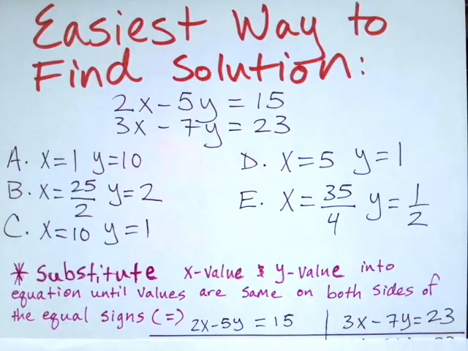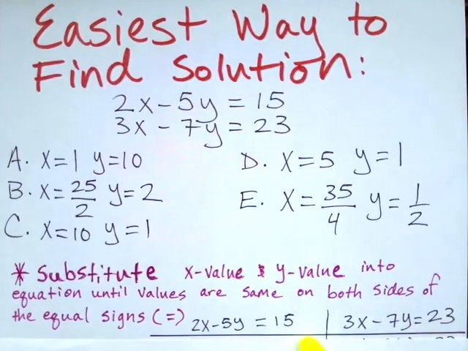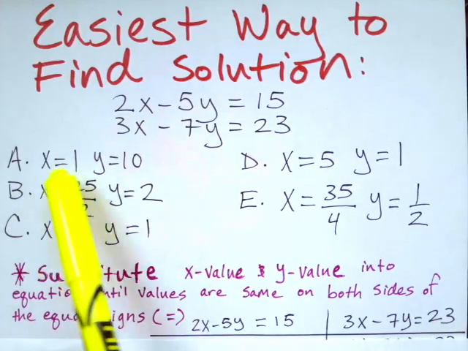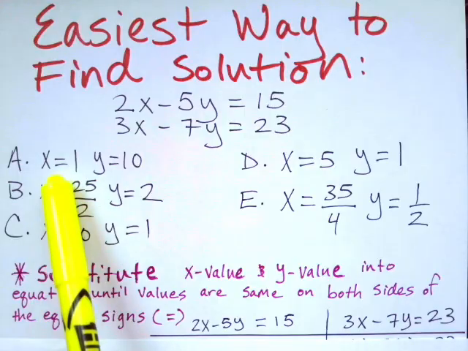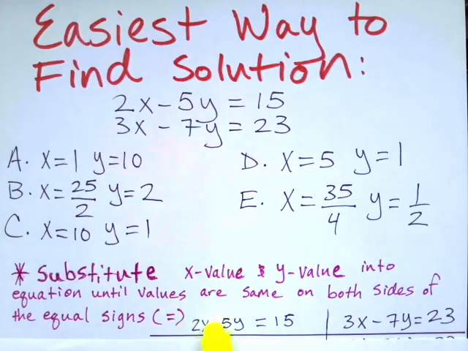And that's what I'm showing you here. I have both of those equations. One at a time, I'm going to substitute the X and Y value into both of these in order to show you which answer is correct. Now, both X and Y have to work in both of the equations.